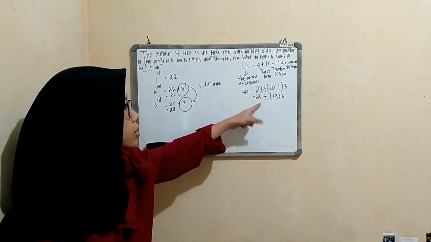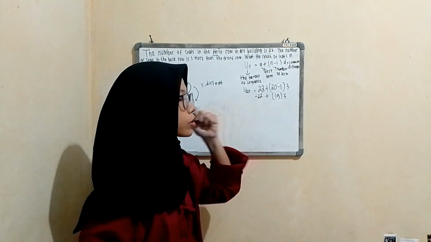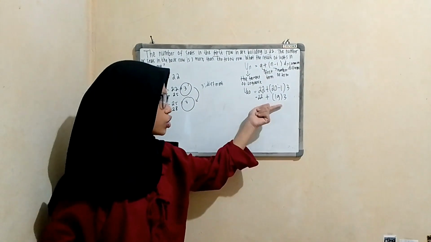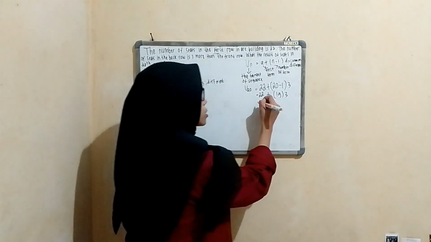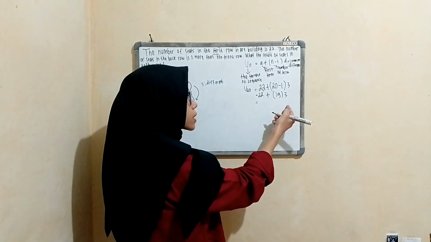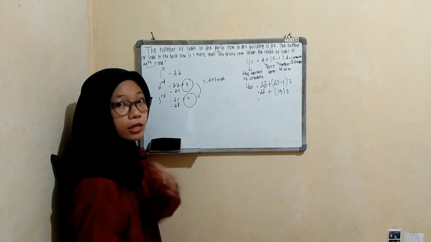So there is a sum and there is a product. You must solve the product first. So 19 multiplied by 3, and the result is 57, right?